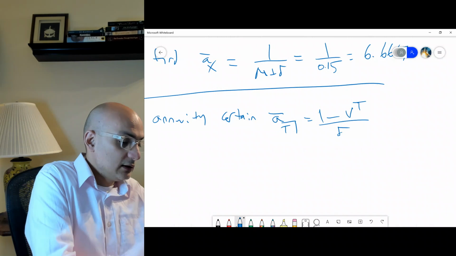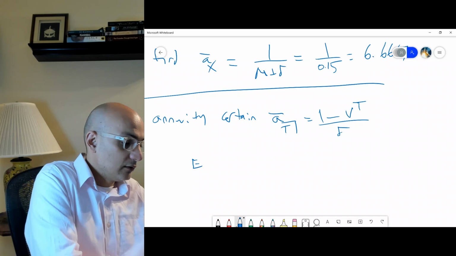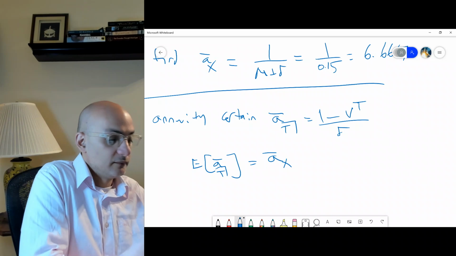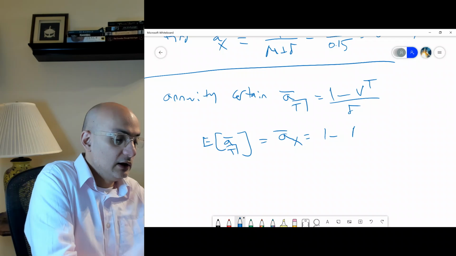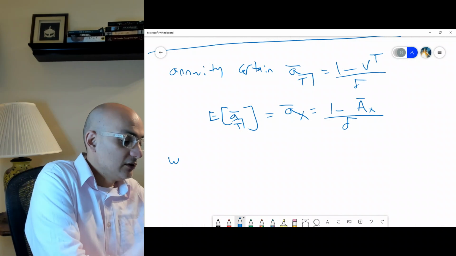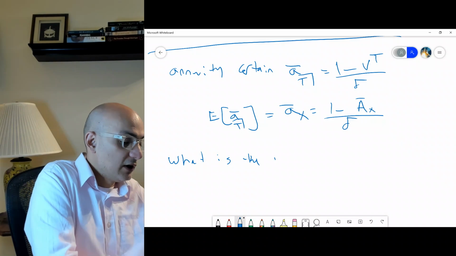Now, what we did, if we take the expected value of a-bar T, we established it to be ax, which is 1 minus Ax divided by delta. Now, what is the variance?